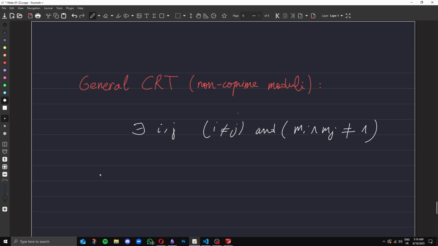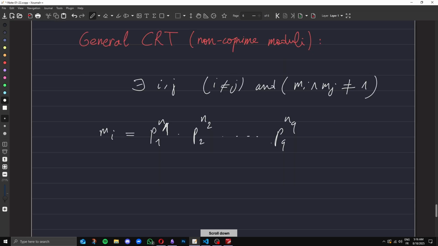So let's say for some i, we have mi is equal to p1 to the n1, p2 to the n2, until pq to the nq, okay? This is thanks to the fundamental theorem of arithmetic. So p1 and p2 until pq, they're all distinct primes, and ni are like the highest powers, okay?